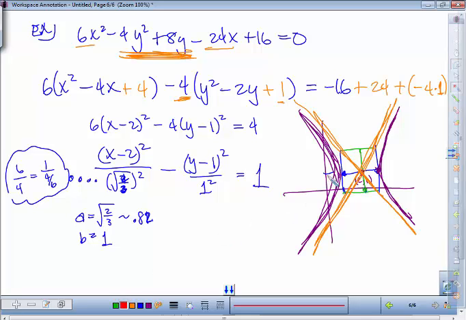Now, a couple of things that you can do on your own. You can find the foci, which are going to be on the outside of the hyperbola. You can also find the equations of these lines. We have formulas for that from the previous page.